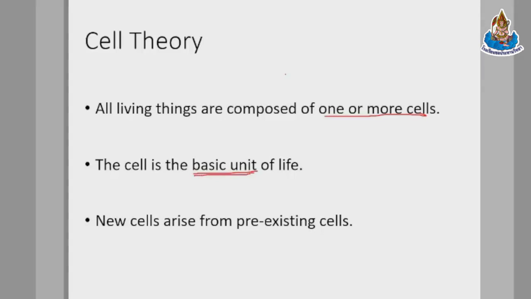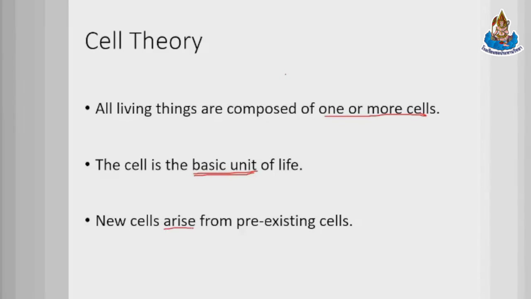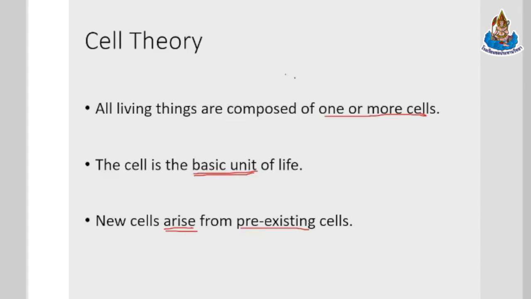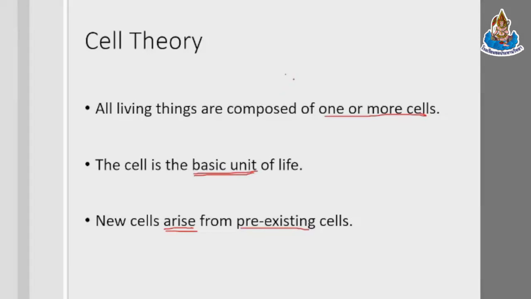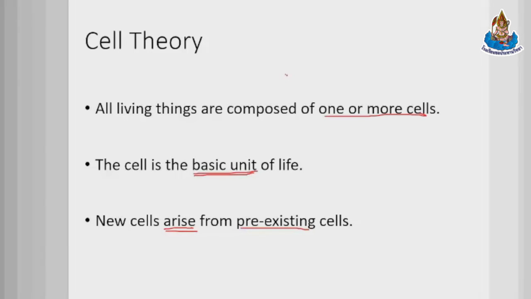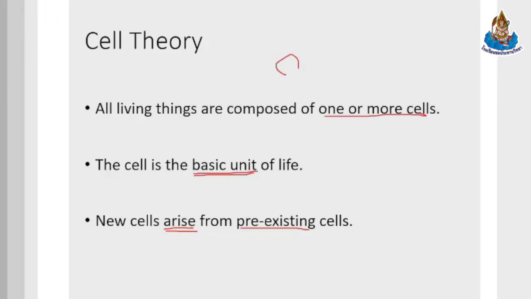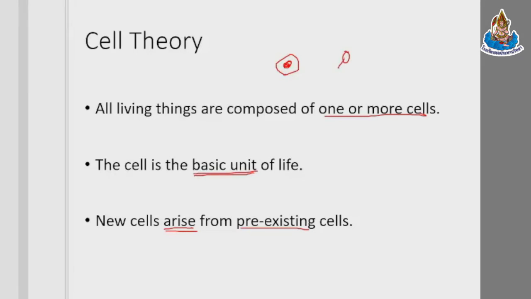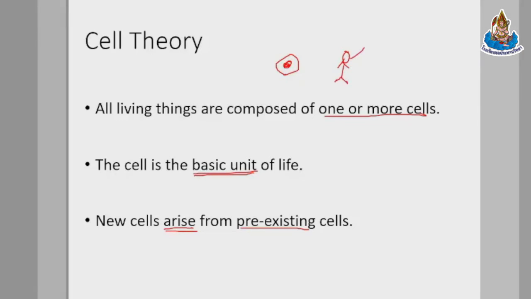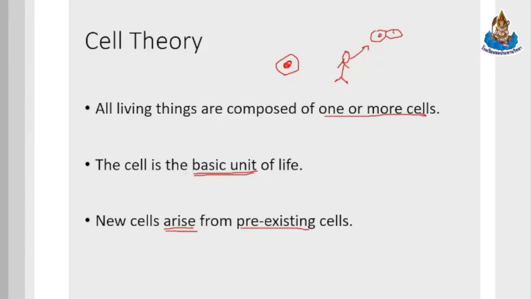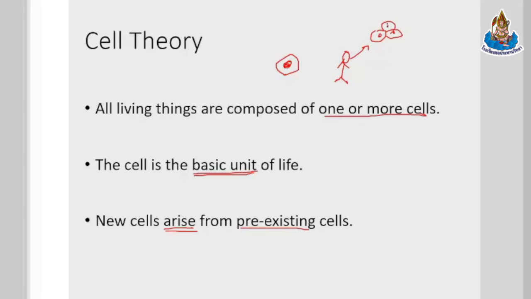It means some living things may have only one cell. Some living things may have more than one cell, but they need to consist of cells. The second one, the cell is the basic unit of life. Yes, every life must consist of cells, and the cell is the basic unit of life.